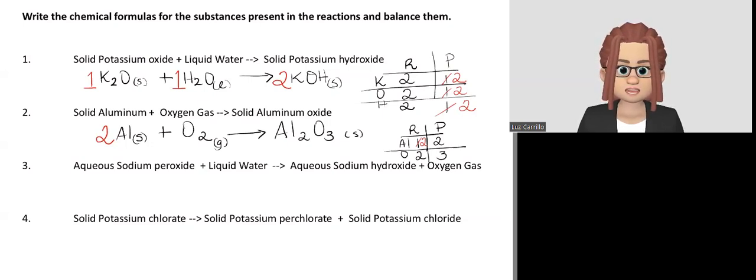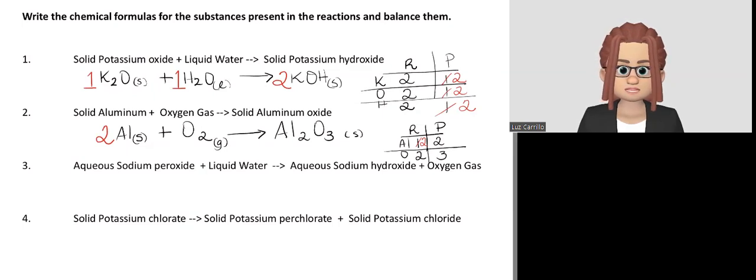Many times, not all the time, especially if we have oxygens in the system, we want those to be even. It depends on the problem, but at least in this one, it requires it. The common number that a value of 2 and a value of 3 have is 6, because 6 can be divided by 3 to produce 2, and 6 can be divided by 2 to produce 3.